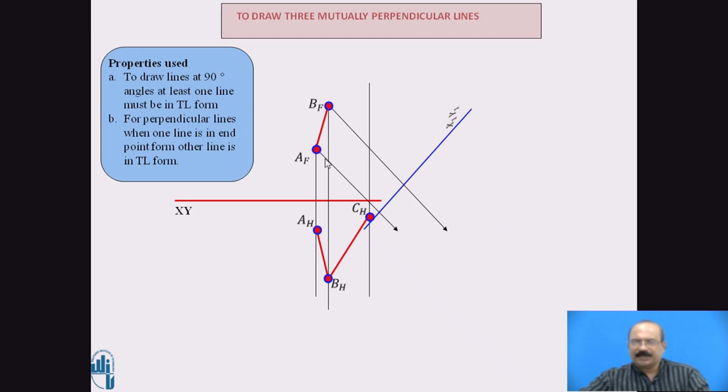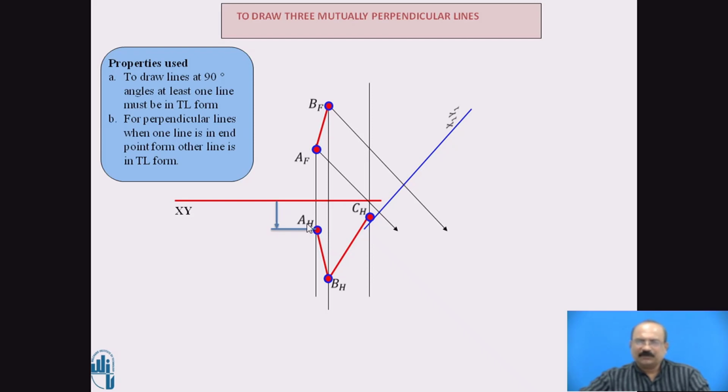So we are going to locate the point A here. To locate the point A, we refer to the previous to previous position of A. You are expected to measure the position from the XY line towards the A point. That is AH, which we represent in the top view.